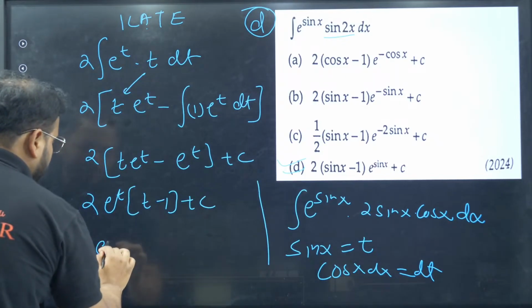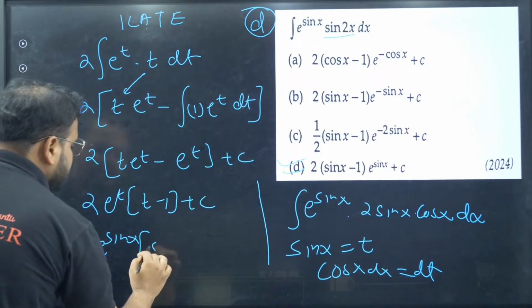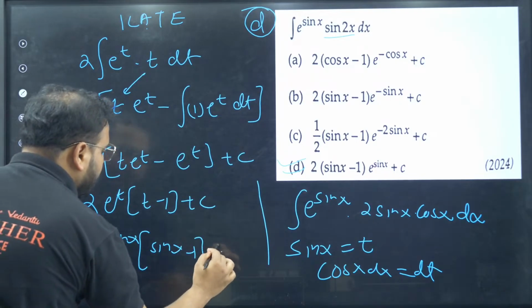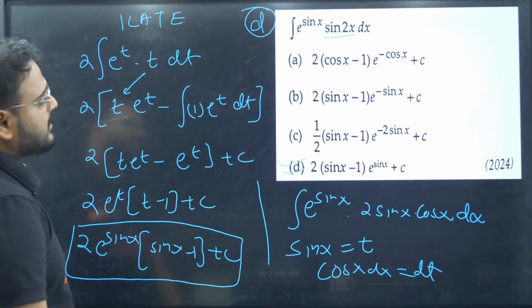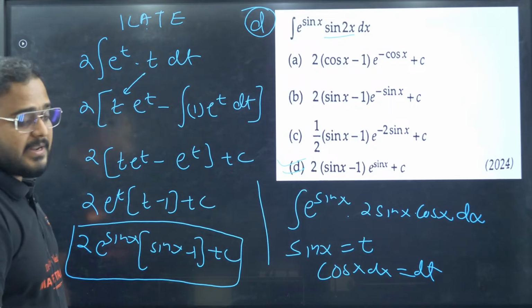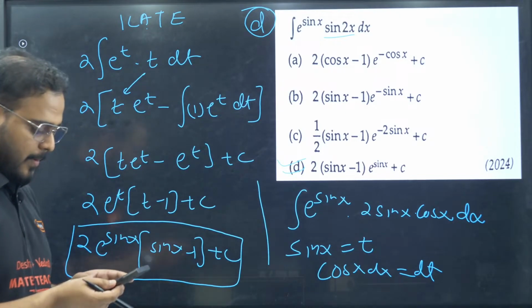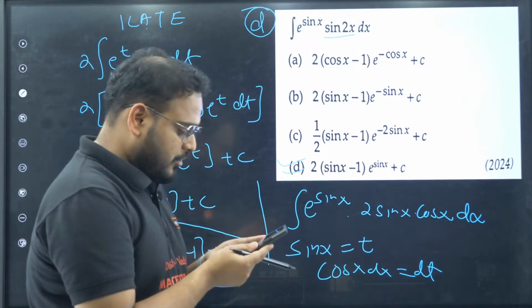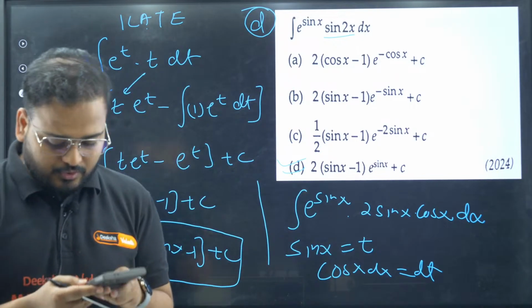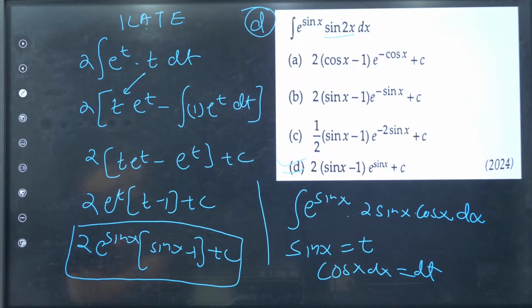We have 2 e power sin x, sin x minus 1 plus c. Option D is correct. Yes, Shaurav, D is correct. Gautam, D is correct.